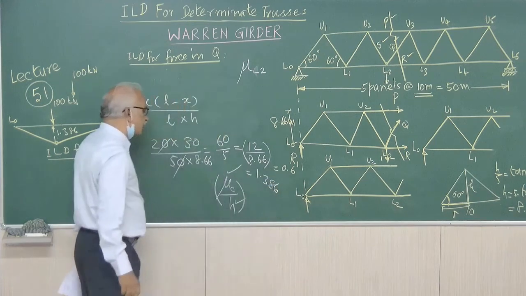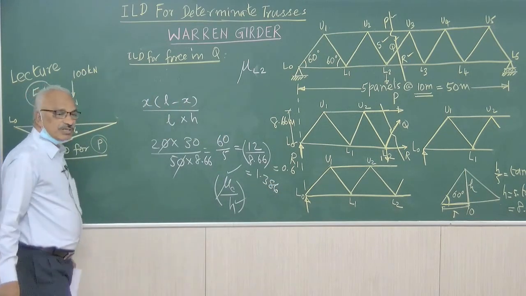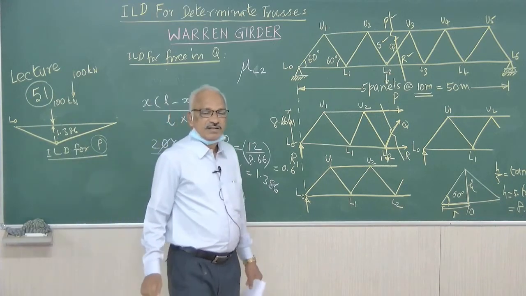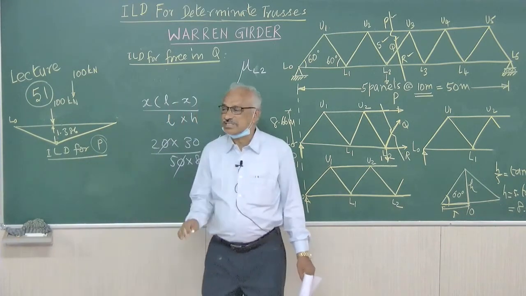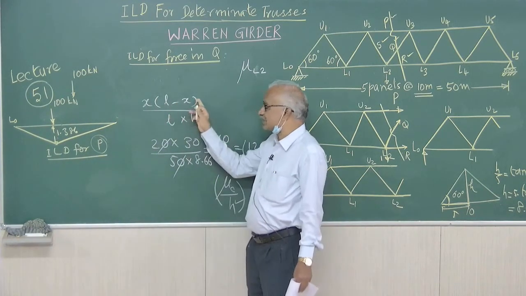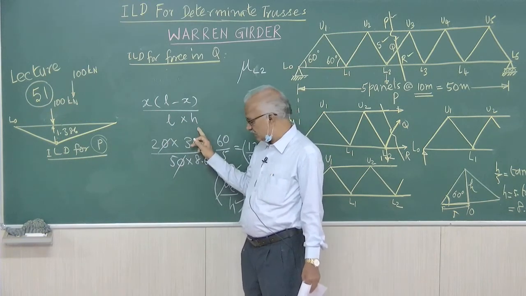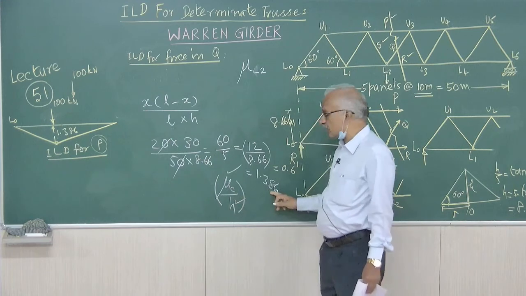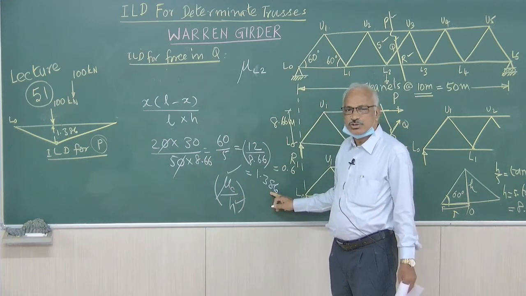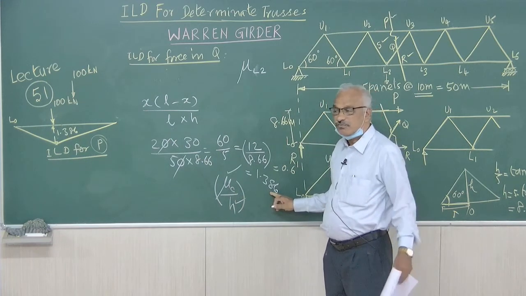1.386. Therefore, for the top chord members and for bottom chord members, ILD as a simply supported beam is x into L minus x by L divided by the height of the truss. So that will also give you the same value 1.386. So this can be used for checking the answers.